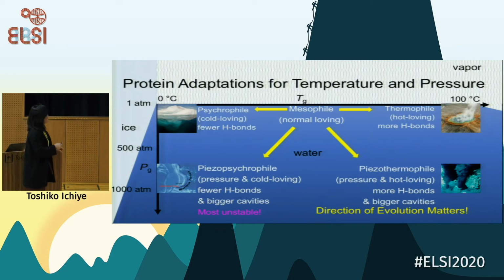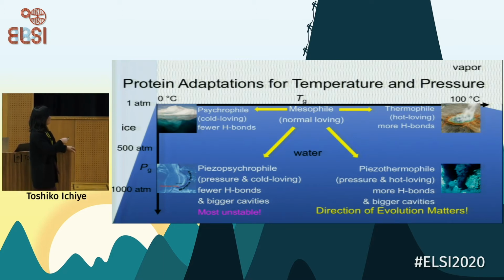And this is a slide I also showed on Tuesday. So, adaptations for temperature and pressure. If you think of a mesophile, if you want to become a thermophile, the proteins need more hydrogen bonds. Proteins from a psychrophile need fewer hydrogen bonds so they can be flexible.